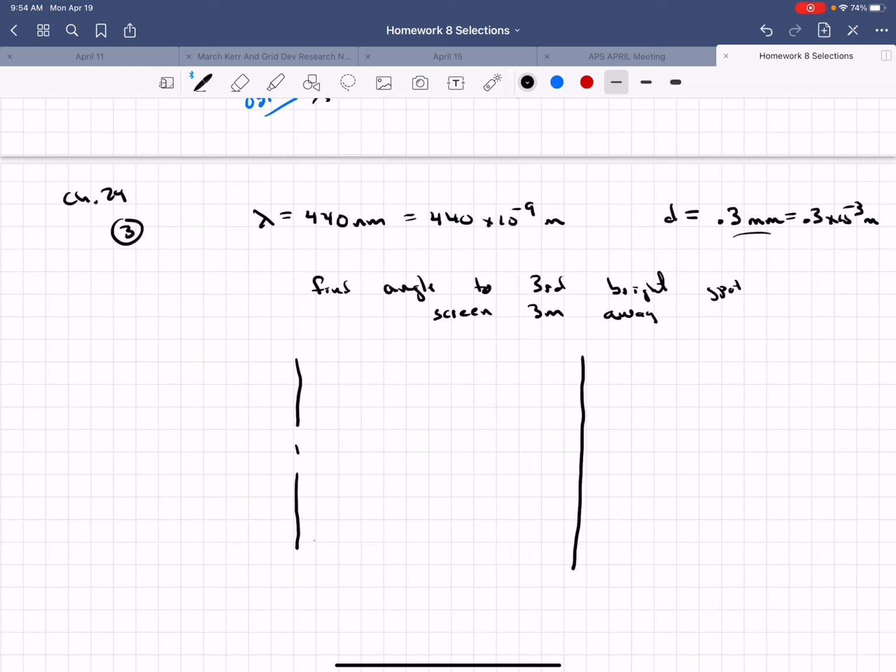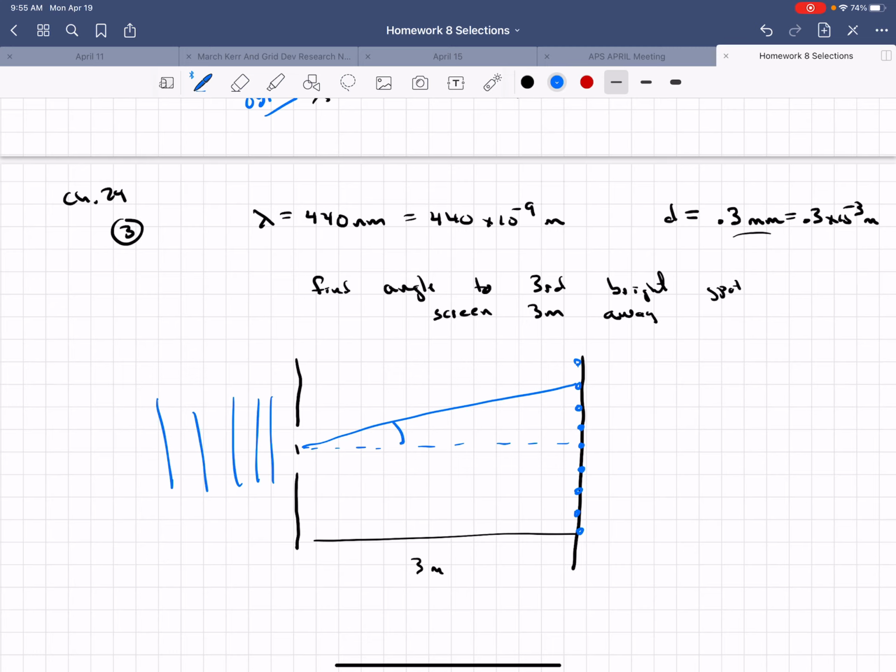So I'm assuming that this distance here is 3 meters, and I have blue light coming in, and the blue light is going to make an interference pattern on the screen. So what I'll see on the screen are blue dots, and the m equals 3 means this one here. So the angle I'm looking for is that angle there, and ultimately I want to find this distance y, which is in this orientation here.